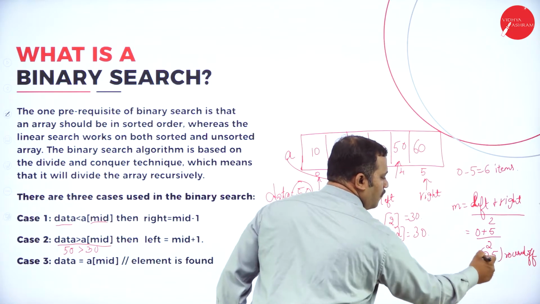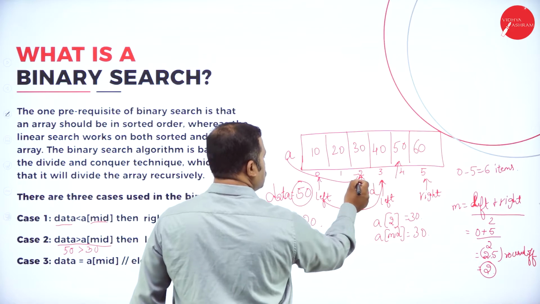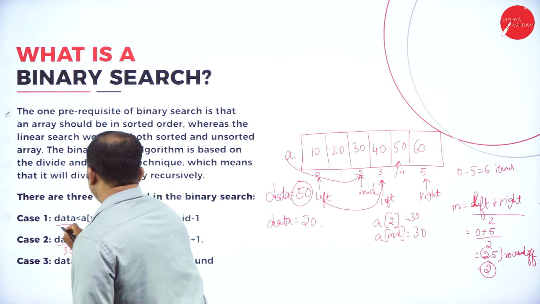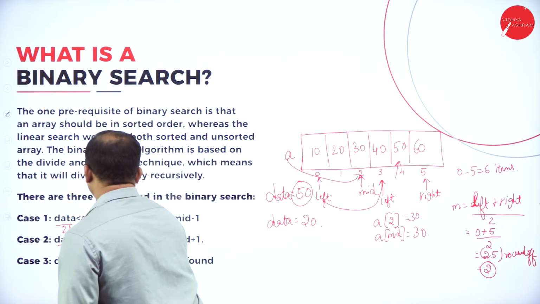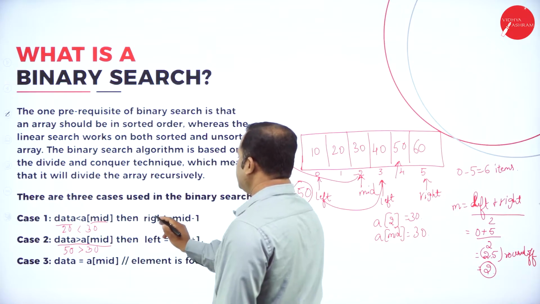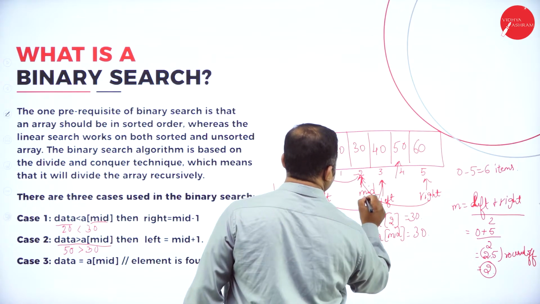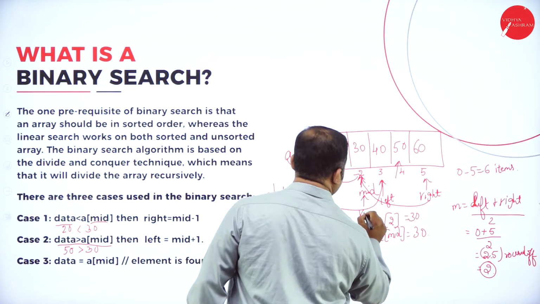If I round that off, I get the value 2. This becomes my mid. So in this case, 20 is less than 30. Then right is equal to mid minus 1. This becomes the new right. This becomes my right.